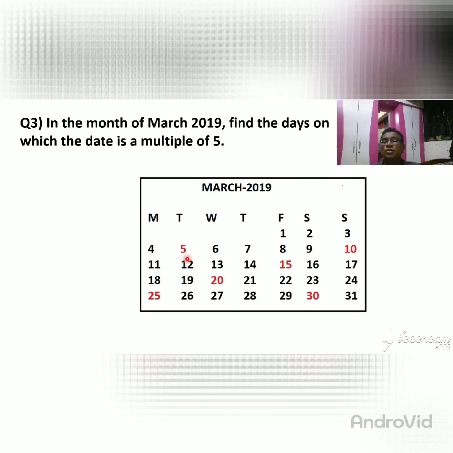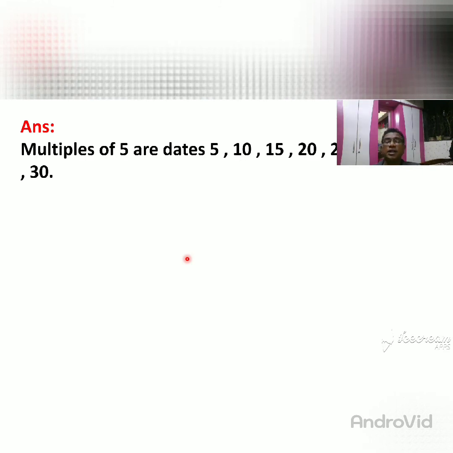So these are only the multiples of 5 dates, and whatever the days of those dates are, we have already seen, so that can be written here. So I write the multiples of 5: 5, 10, 15, 20, 25, and the last is 30.